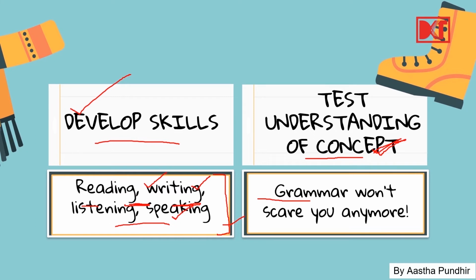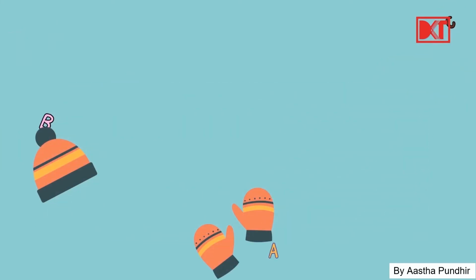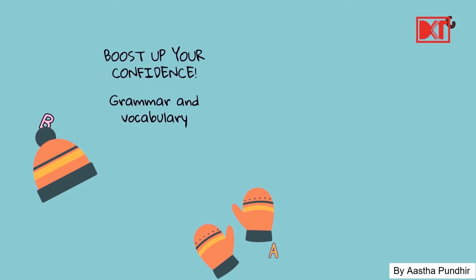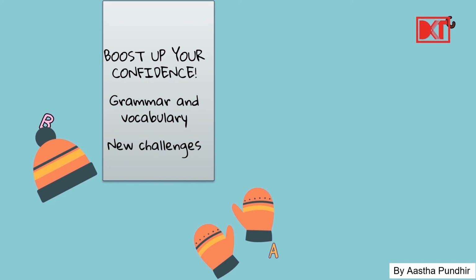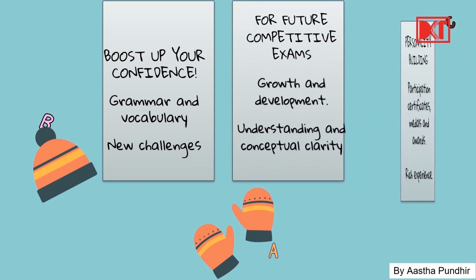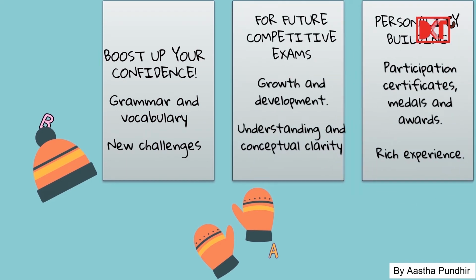ऑलराइट, नाउ लेट्स सी अदर बेनिफिट्स. Alright. Now, अगर आपकी इंग्लिश बेटर हो रही है, अगर आपको सारे कॉन्सेप्ट समझ आ रहे हैं, आप सही आंसर्स कर पा रहे हैं, तो आपका कॉन्फिडेंस अच्छे से बूस्ट अप हो जाएगा.